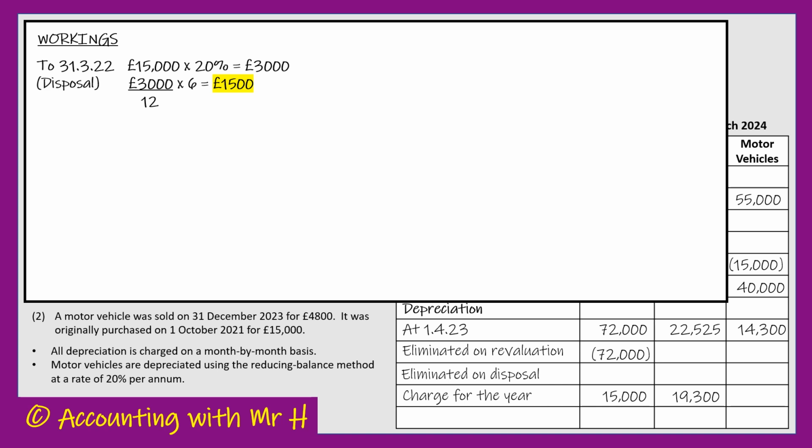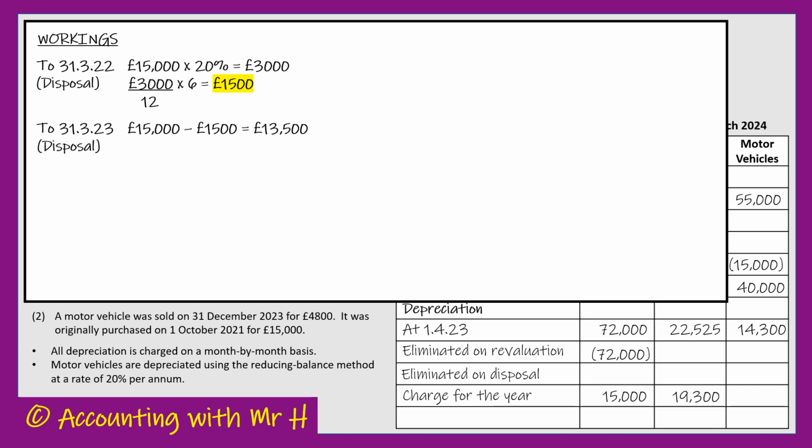Then another year would have ticked by, and we would have come round to the 31st of March 2023, and they would have depreciated this vehicle again. So they would have started by working out the net book value, and you can see my workings there. So the cost, 15,000, but they've now got £1,500 of depreciation from the year before. So take that away.